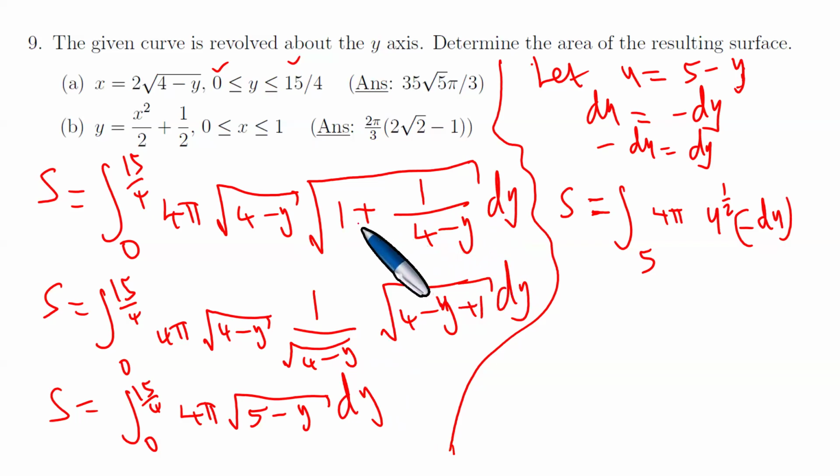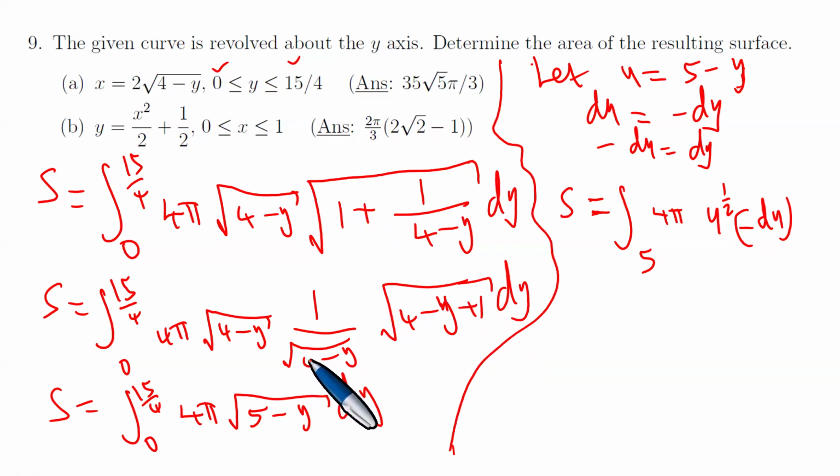So one way to do that, to get rid of the fractions, you need to take out the 1 over 4 minus y. But when you take out 1 over 4 minus y, in the place of the 1 here, you're going to have 4 minus y plus 1.